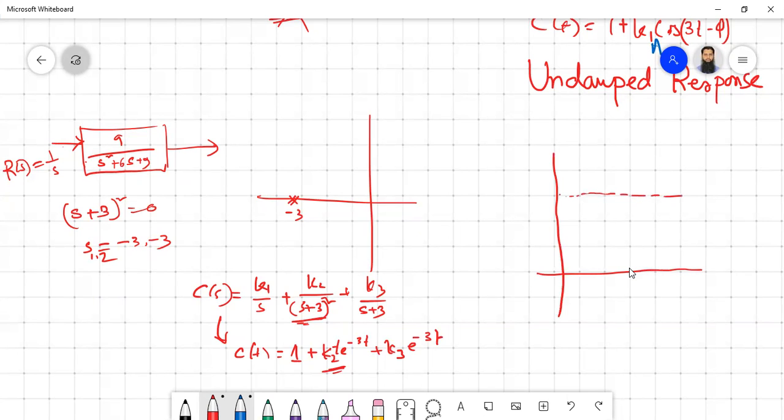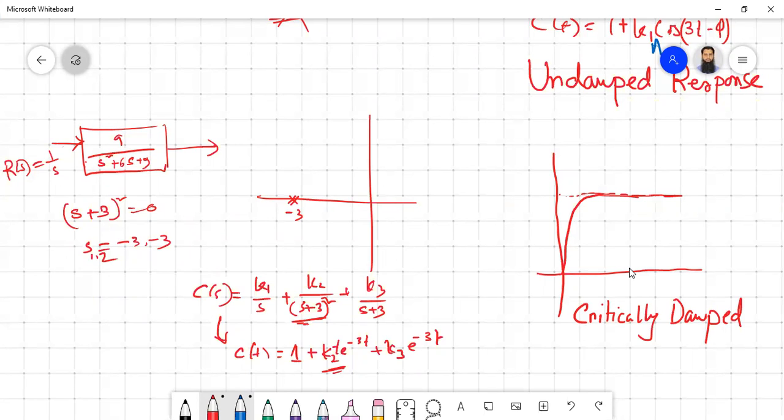Any value after that will go into oscillation. So it will be the fastest response possible. Okay. And this is what is called critically damped. Why is it critically damped?